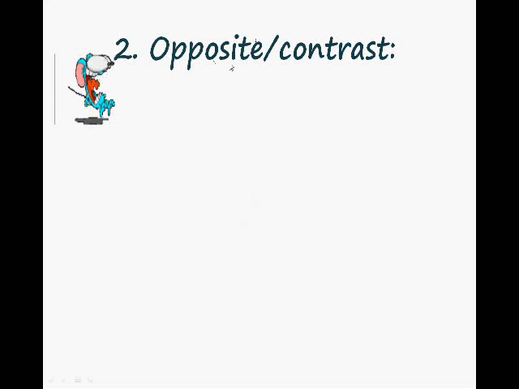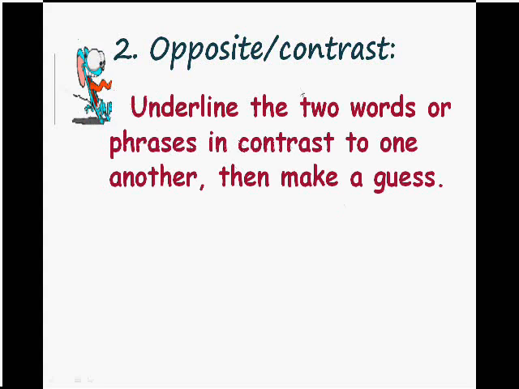Another context clue is, of course, the opposite or the contrast. Sometimes in a sentence they present you with something and its opposite or its contrast. So it's very easy. If you know the word, you will know its opposite. In this case what you should do is underline the two words or phrases in contrast to one another, then make a guess.